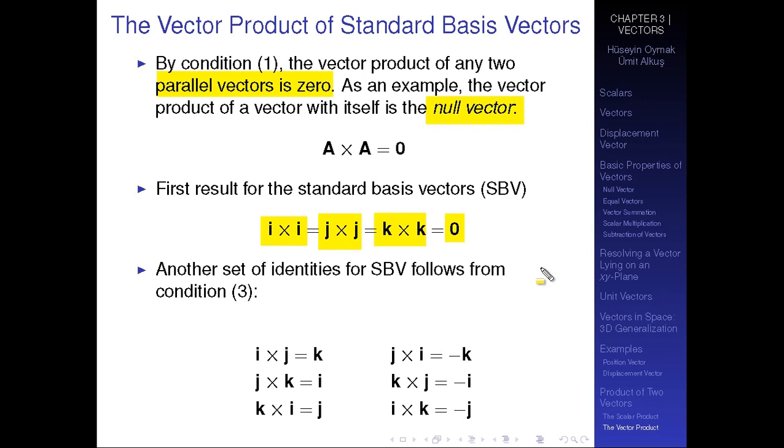Another set of identities for standard basis vectors follows from condition 3: i × j equals k, j × k equals i, k × i equals j, j × i equals minus k, k × j equals minus i, i × k equals minus j. Notice that these two equation sets automatically satisfy condition 2. In the next slide, we suggest a method to remember these equations without pain.